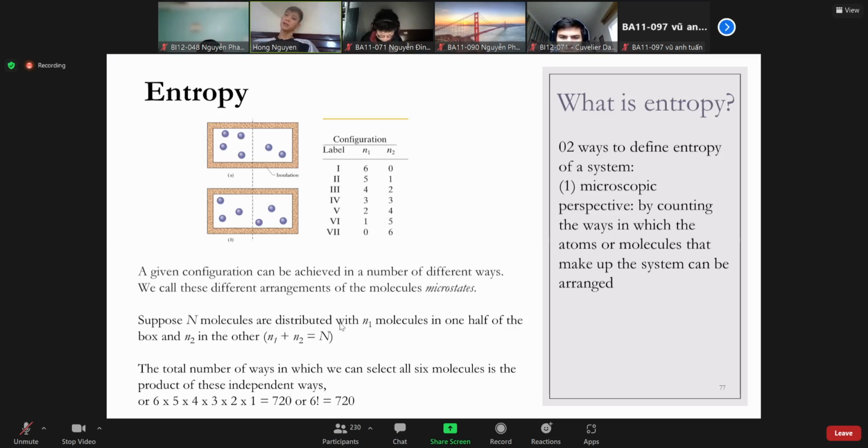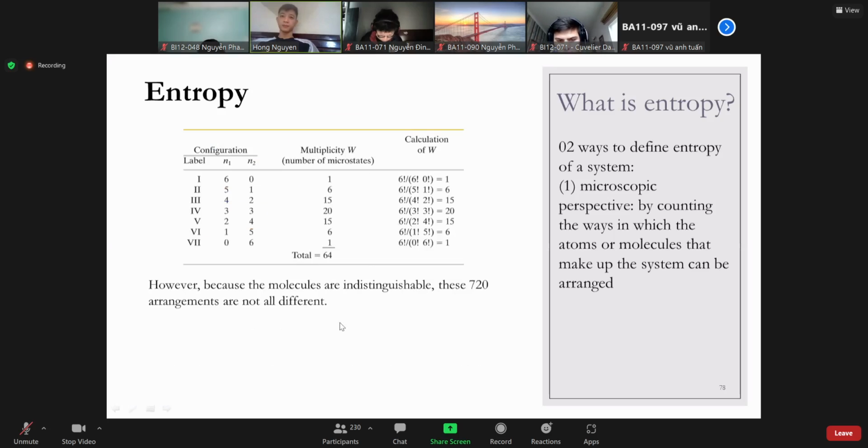Okay. But what we have is that our molecules are indistinguishable. So these arrangements, the number 720 here, are not all different.